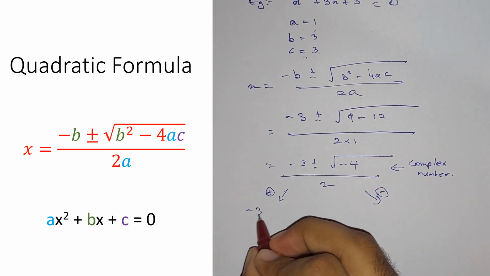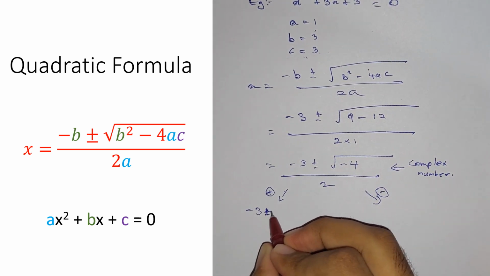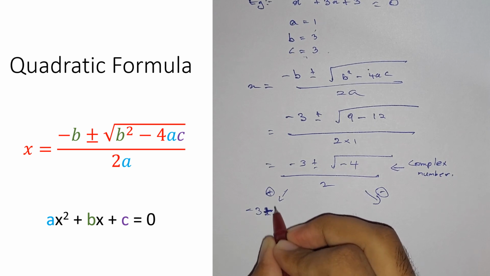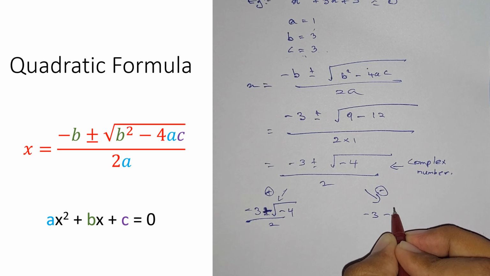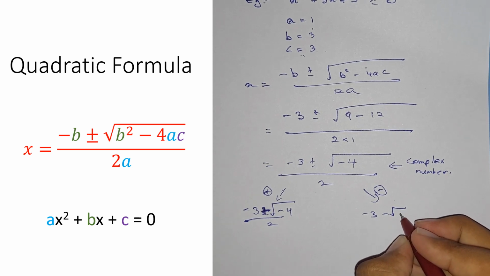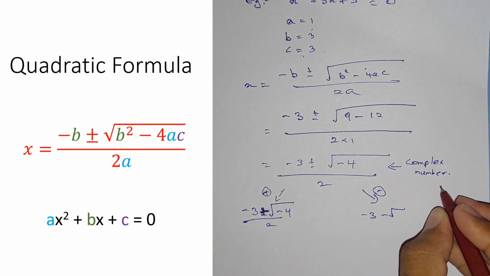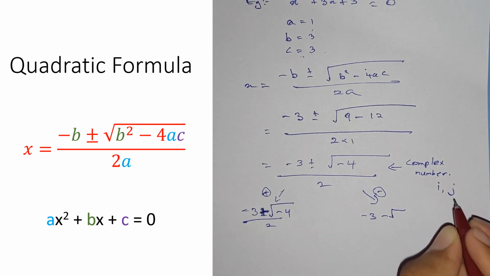So to get a complex number, we should take the value i or j.